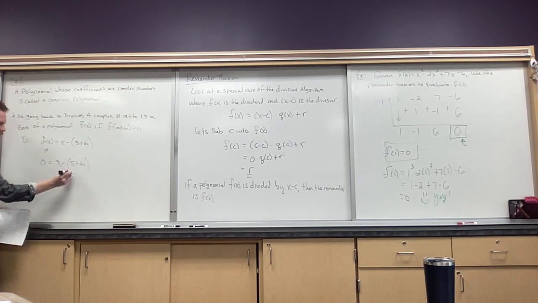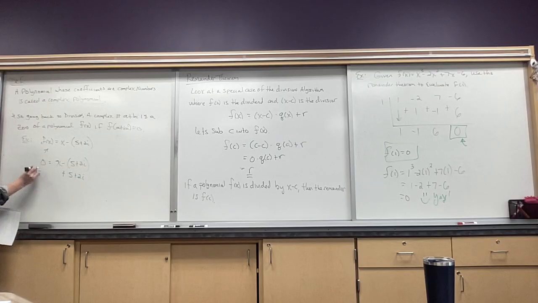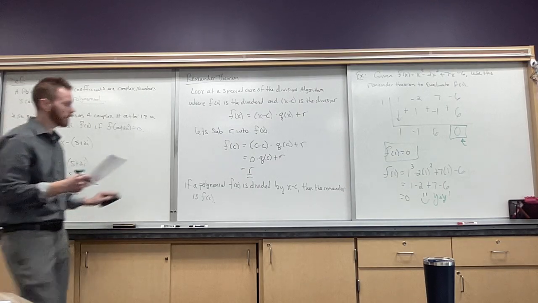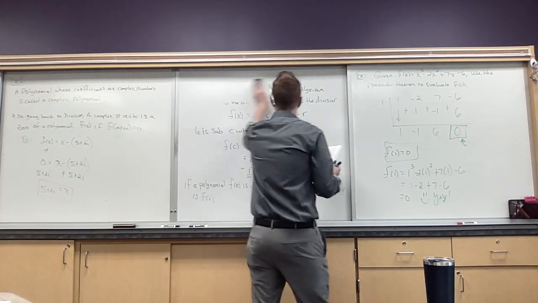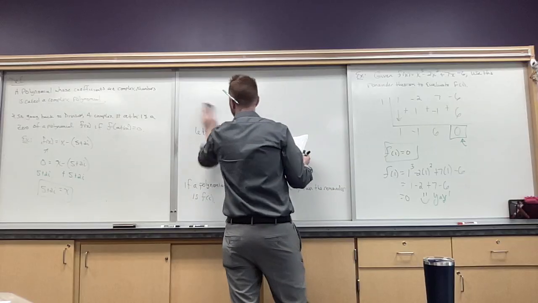I would add the complex number over to the other side, and we get 5 plus 2i equals x. So this is a 0. It's a solution, okay? So that's what it means if it's a 0 of a polynomial. That is an answer. If I plug in 5 plus 2i into here, it does work. Okay? All right.